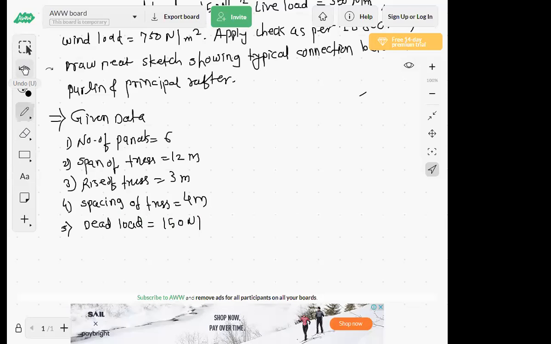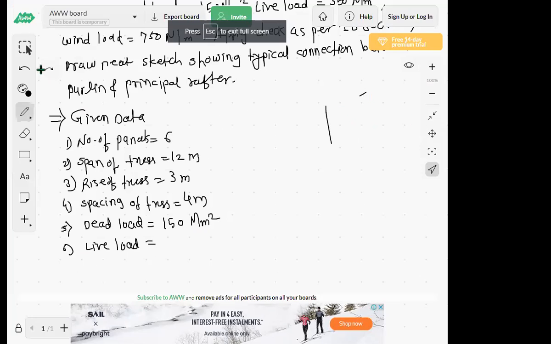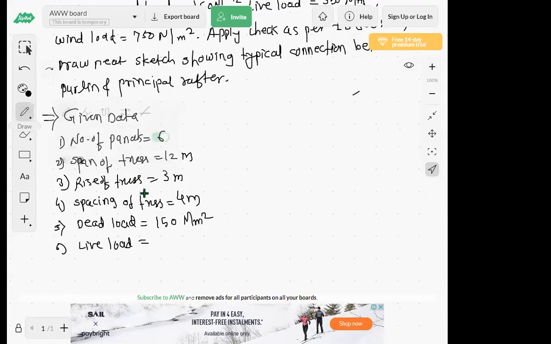Then live load is 350 newton per meter square and wind load is 750 newton per meter square.